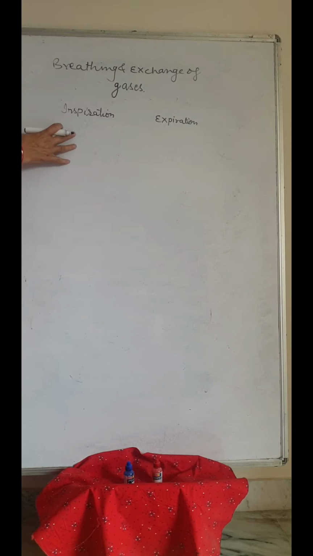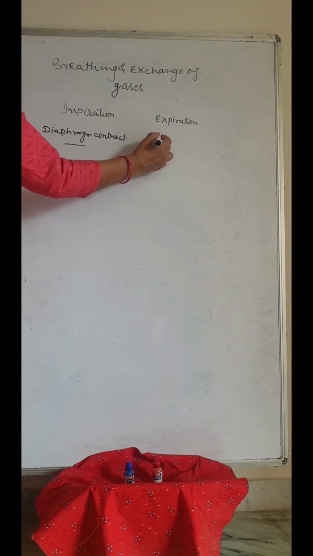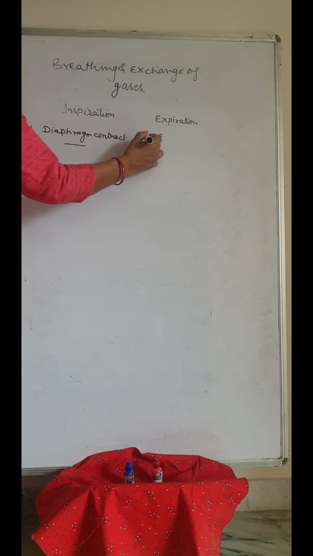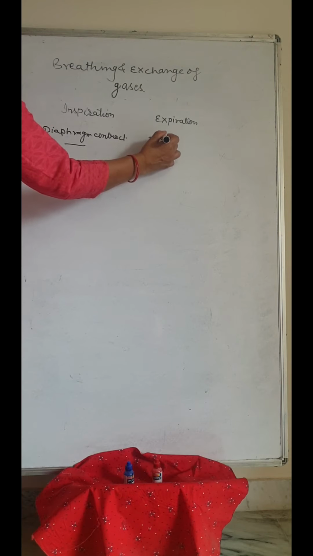In the inspiration or the inhalation, the diaphragm contracts. Diaphragm contracts means it becomes flat due to the phrenic muscles. The phrenic muscles help in the contraction and relaxation of the diaphragm. And here the diaphragm relaxes, which means it becomes dome-shaped.